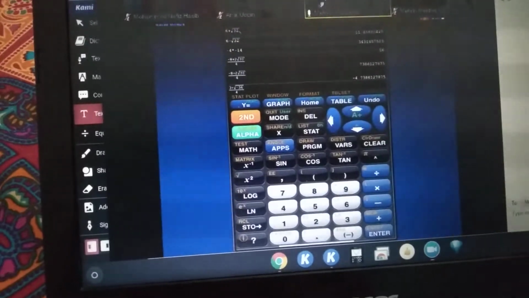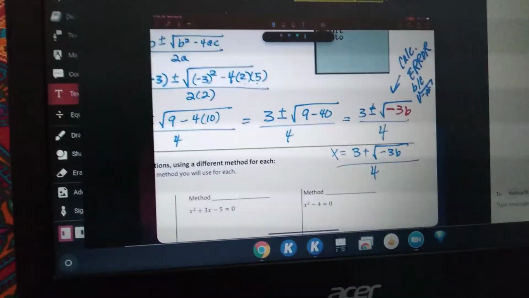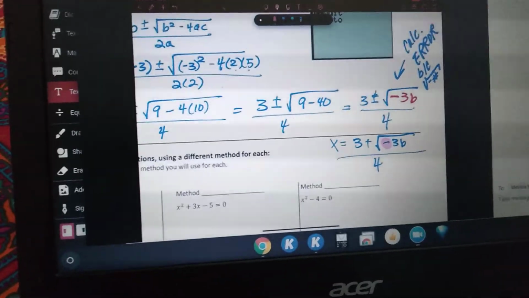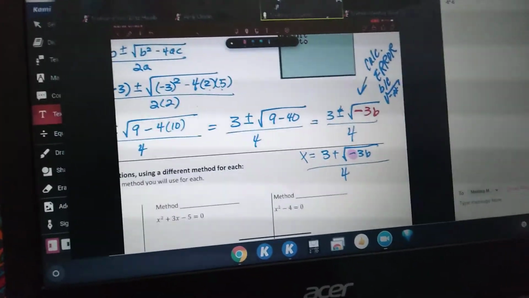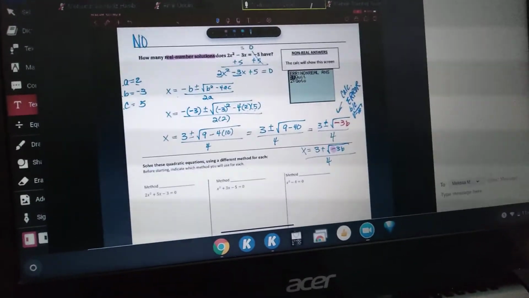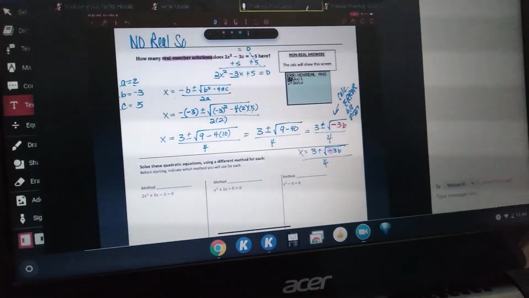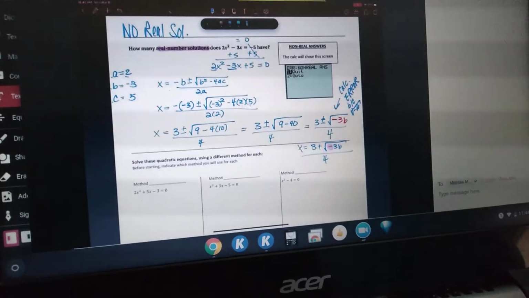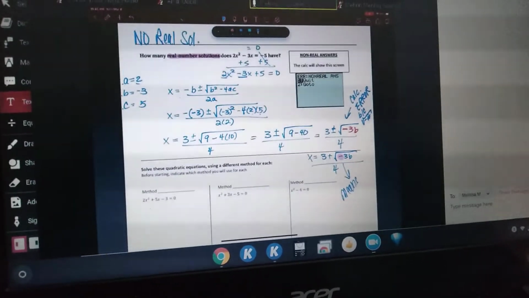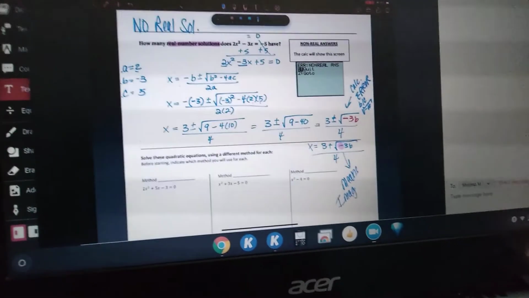Okay, so here, because there is a negative underneath the radical, there are no real roots. So, no real solutions. A negative underneath the radical means an imaginary number.